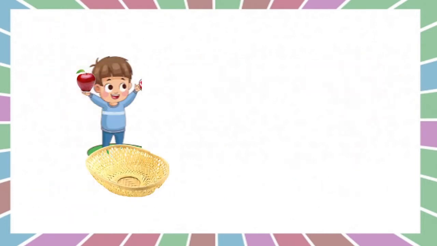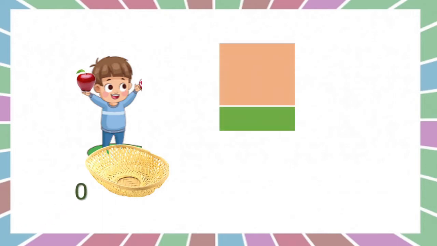Here a boy, you can say him as Yash. Okay. Now there is a basket in front of Yash. Again it is empty, means no apple we can see here. Right? Okay, so we will make a table and we will write 0 here, means no apple in the basket. Okay, now let us observe what the Yash do.